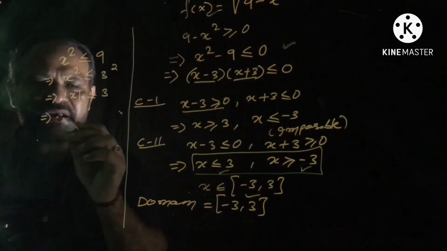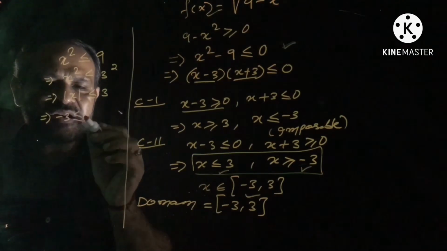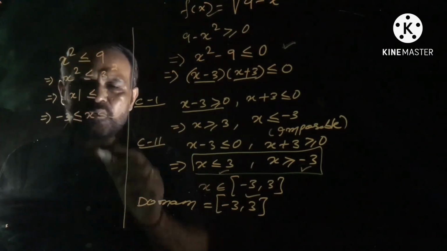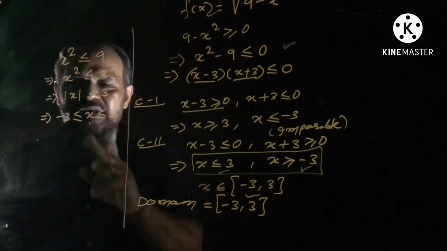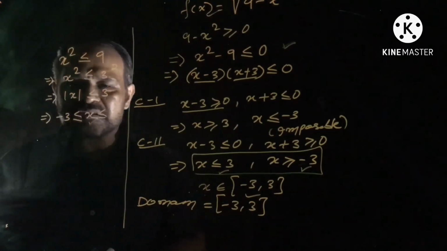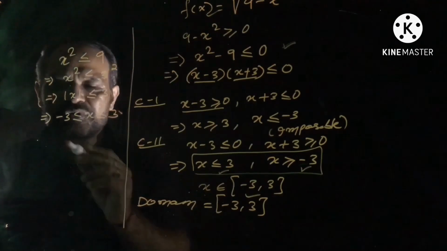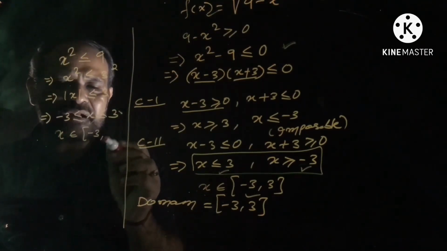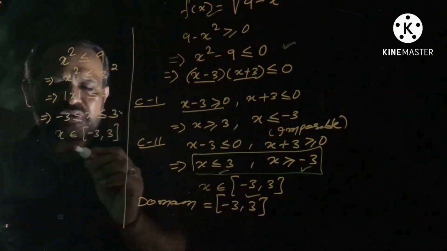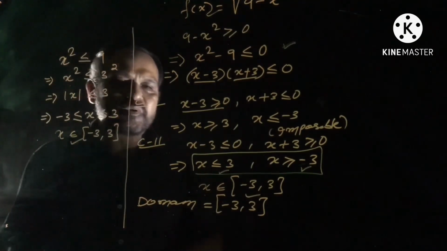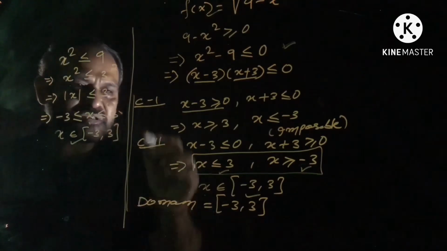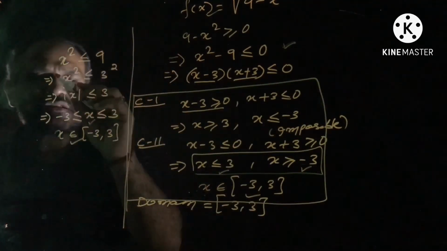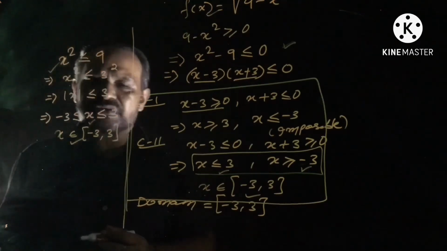This can be written as minus 3 less than or equal to x less than or equal to 3. Then x is greater than or equal to minus 3 and less than or equal to 3. Therefore, we write x belongs to [minus 3, 3]. So this is also the domain of this function. We can solve in this way also.